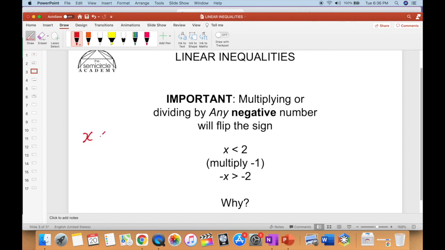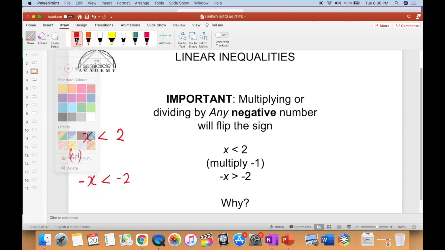x is less than 2. And what I'll do is I'll multiply by -1 on both sides, but I won't flip the sign. So now I'll have negative x is less than -2. And you notice I did not flip the sign here, right? Now, let's try a substitution to see how true this thing really is.